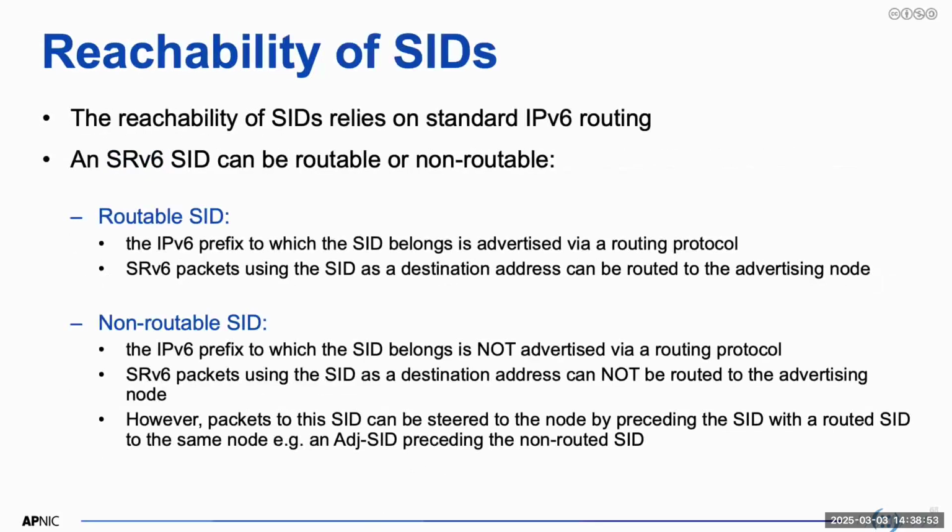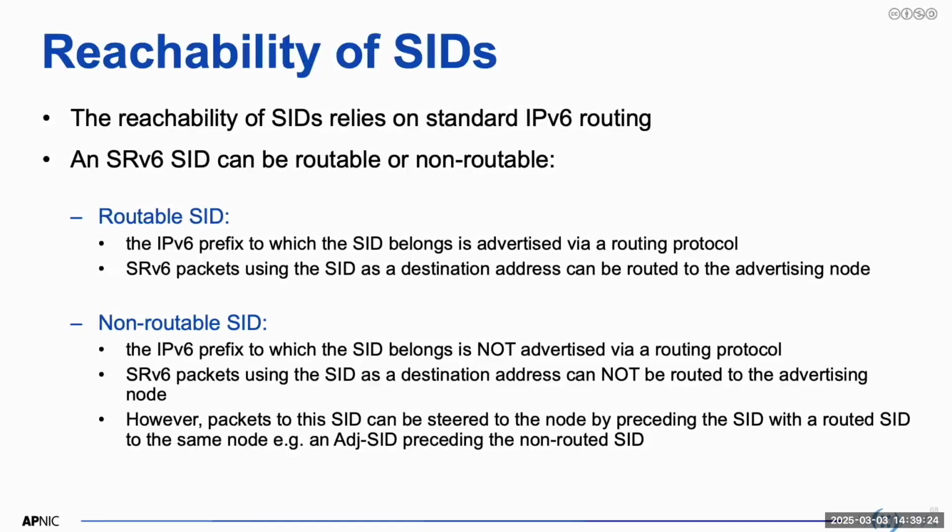Within SRv6, we have two kinds of SIDs, when we say segment routing identifiers: one is routable, the other is non-routable. The routable SIDs can be reached or routed within the network, and the non-routable ones cannot be routed, and you need the help of the routable SIDs to reach the non-routable ones.